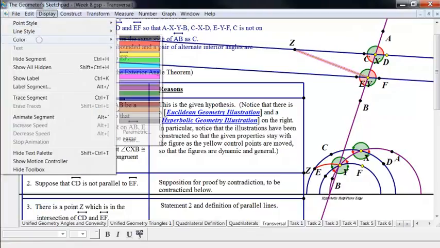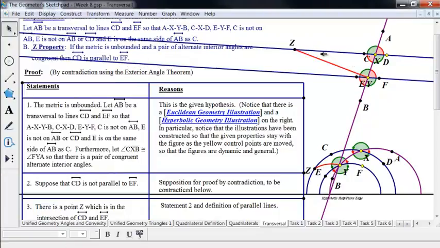So the thing to notice is that the problem is that you can't illustrate it here. It's because these really are parallel. There is no point out here where these two lines meet, so I can't really illustrate it.